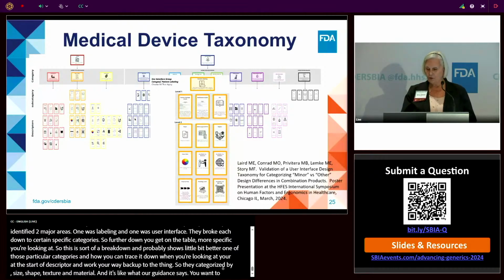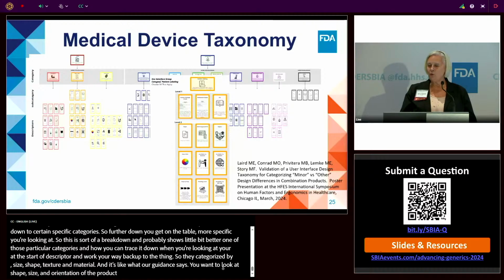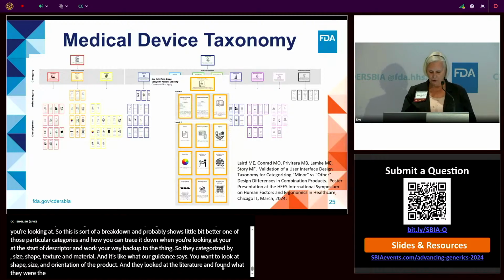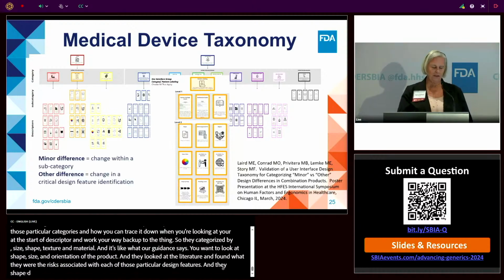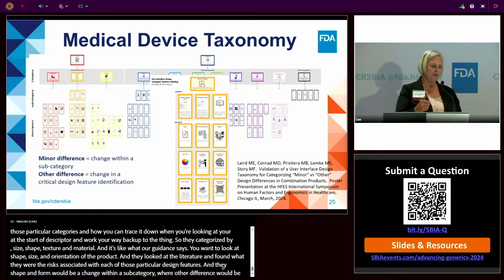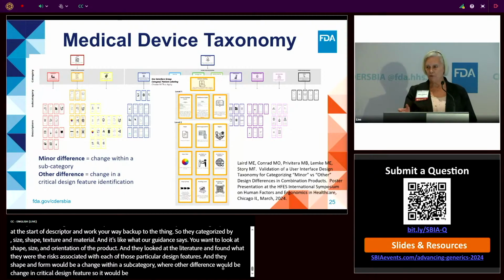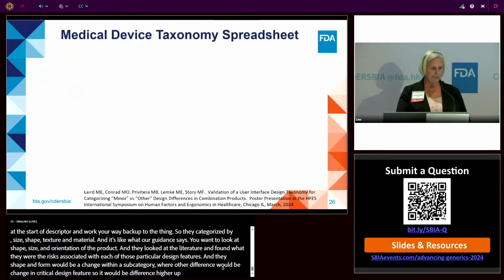And they looked at the literature and found what were the risks associated with each of those particular design features. They decided that shape and form, so a minor difference, would be a change within a subcategory, whereas another difference would be a change in a critical design feature, so that the difference would be higher up or in different categories altogether.